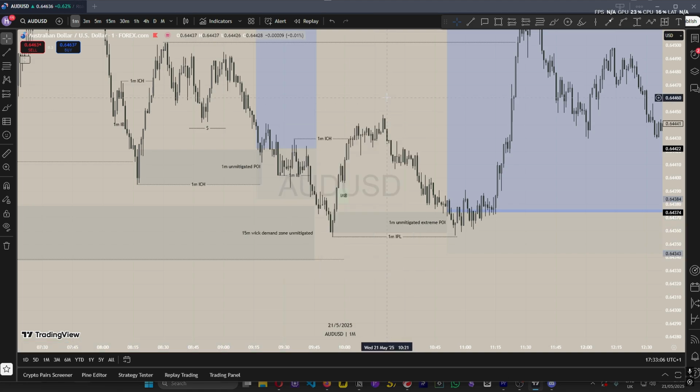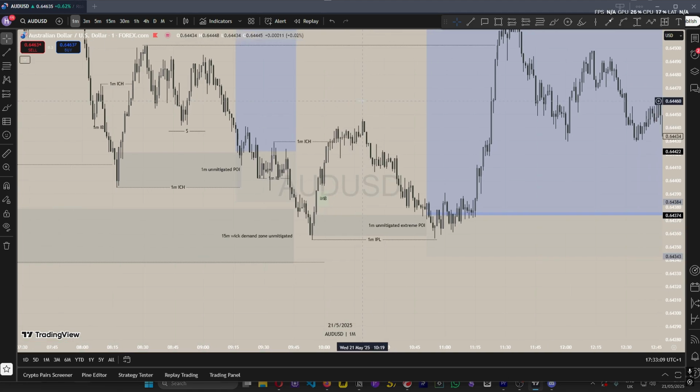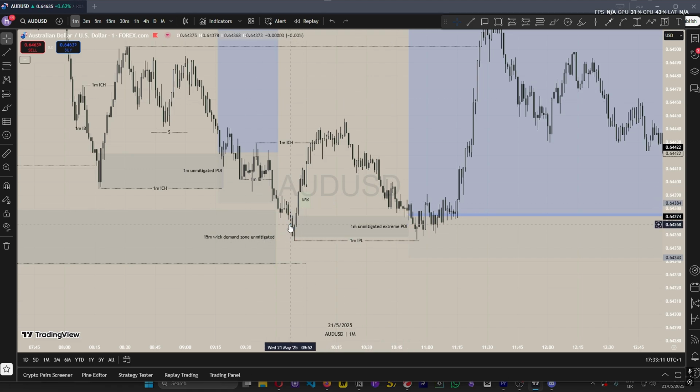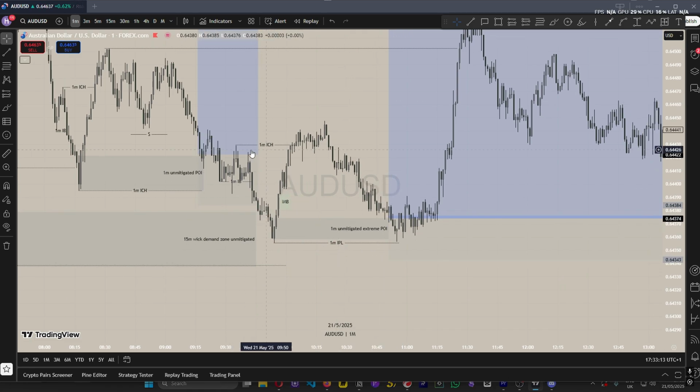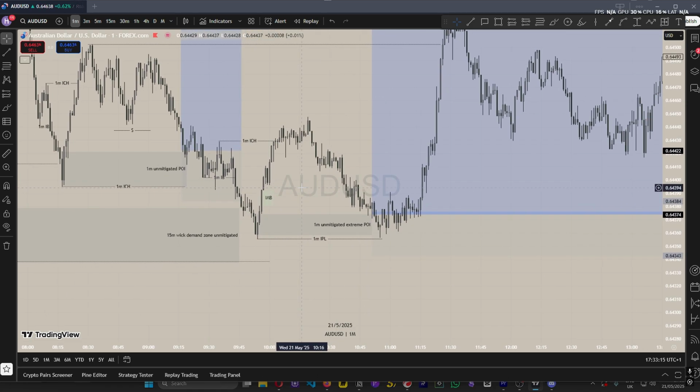Of course, unmitigated zones of the market hold liquidity, and as soon as I came into this portion, we got change of character again. So that was another indication that this could be where the market reverses, and then we end up getting our breaker structure and our change of character.